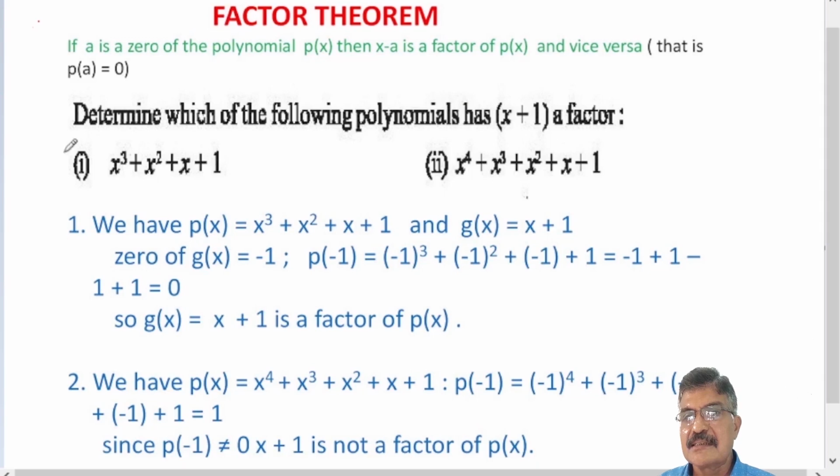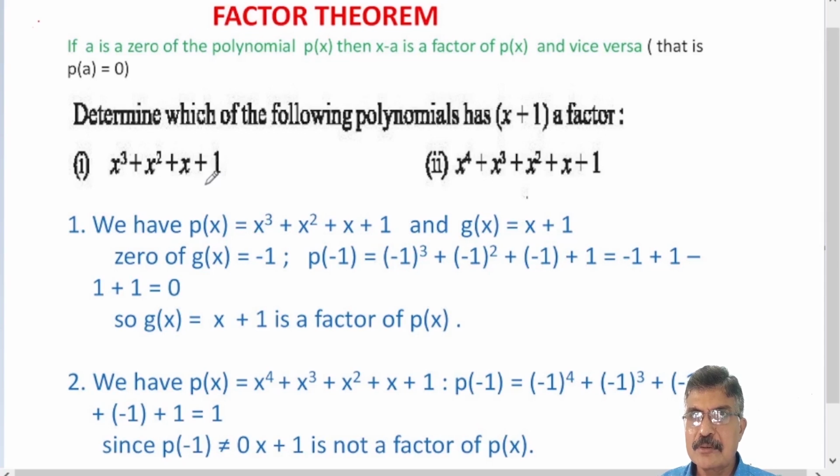That is, we can look at some examples. Determine which of the following polynomials has x plus 1 as a factor. That is, we divide this polynomial by x plus 1 and check whether the remainder is 0. If the remainder is 0, then x plus 1 is a factor of this polynomial. So we can take this polynomial as p(x).